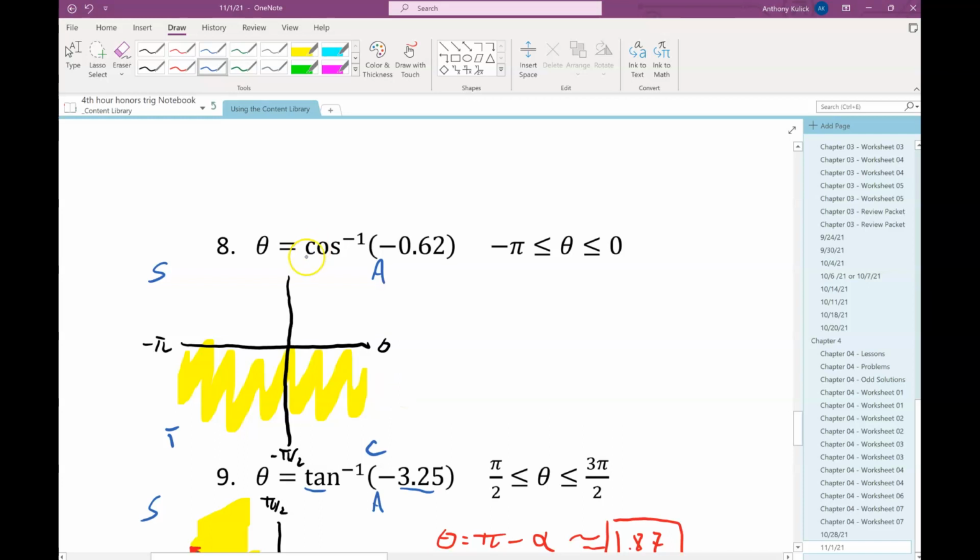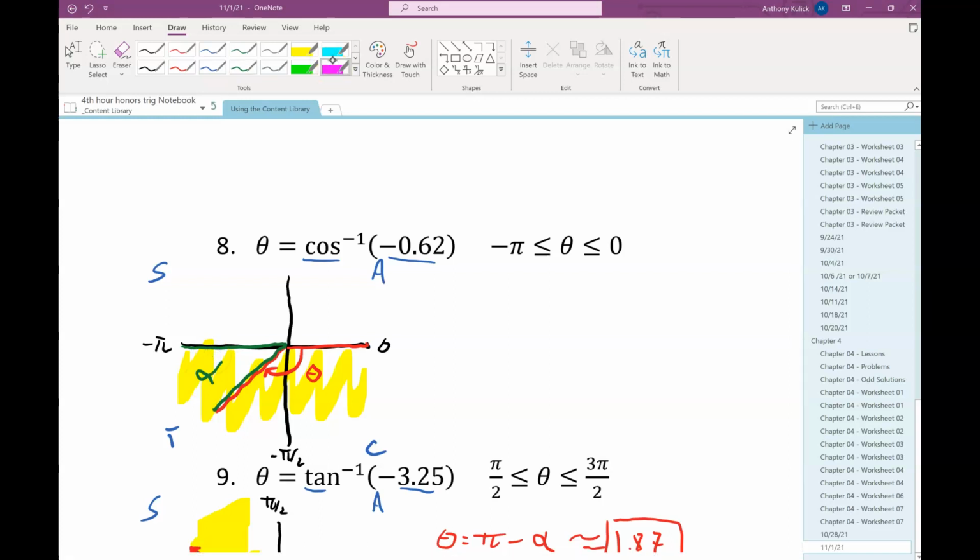Using all silly turtles crawl, I'm looking for where cosine is negative. That's in quadrant 3. And when I draw my theta, again, I'm also going to be drawing clockwise around. So far, so good? Okay. I'll draw my alpha.